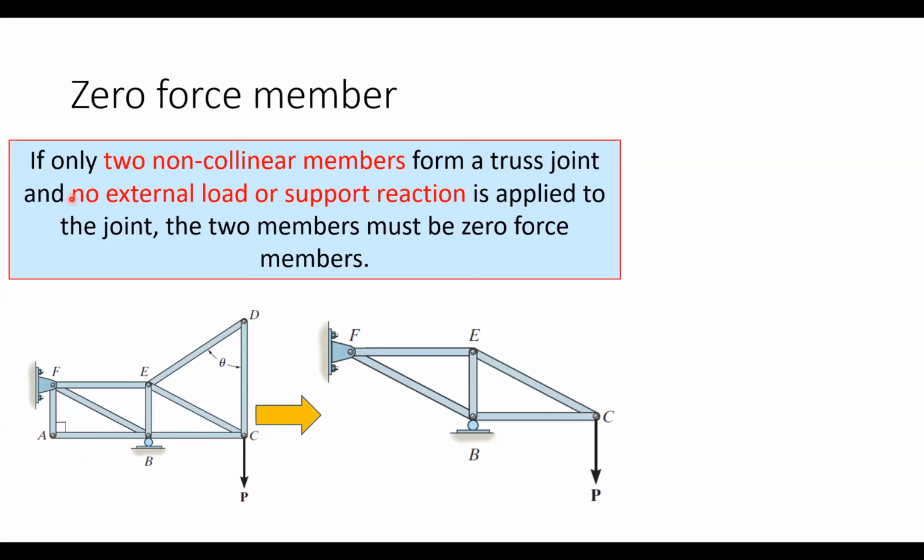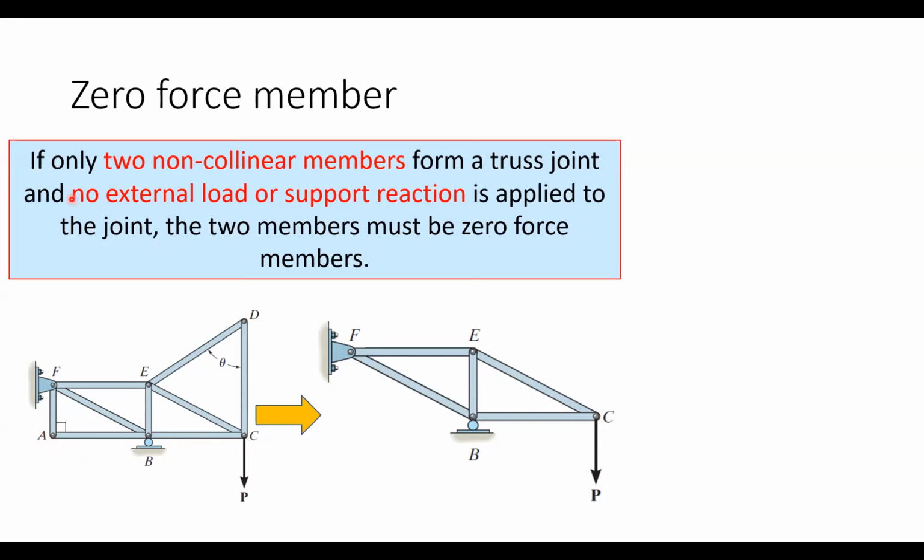Do you get it? Yes, sir. Good. So it will not affect other joints. But if you take a look at joint A and you determine AF and AB are zero force members, then when you take a look at joint B, oh, you think your conclusion is wrong, that on joint B there is a possibility that AB is a non-zero force member.